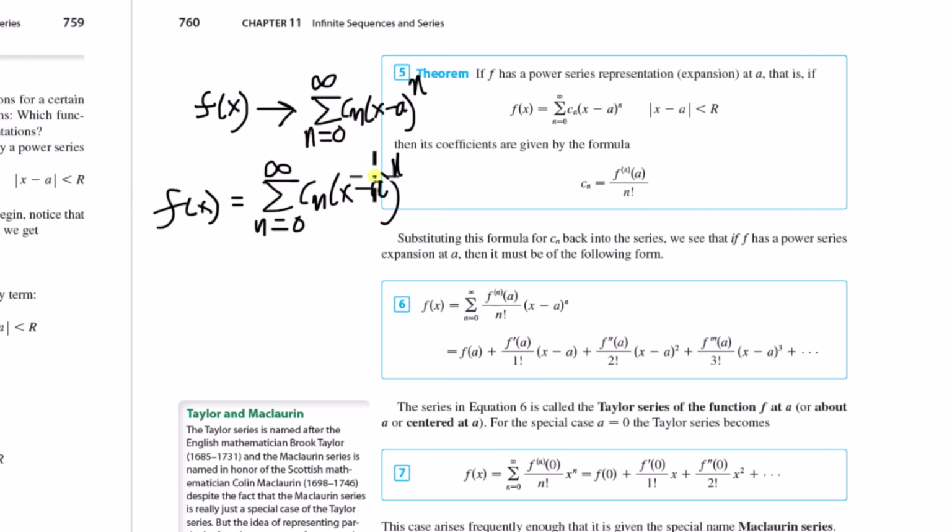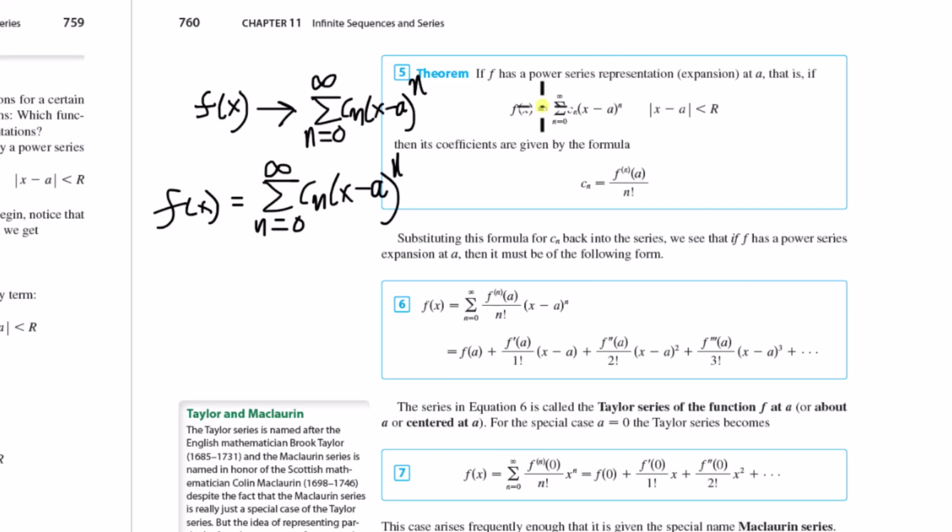Okay, now with that, let's reread this theorem again. What is this theorem saying? It's saying, if f has a power series representation expansion at a, that is if you can set f of x equal to a power series, right? That's all they've done here. They said f of x is equal to, and this is the general form of a power series.